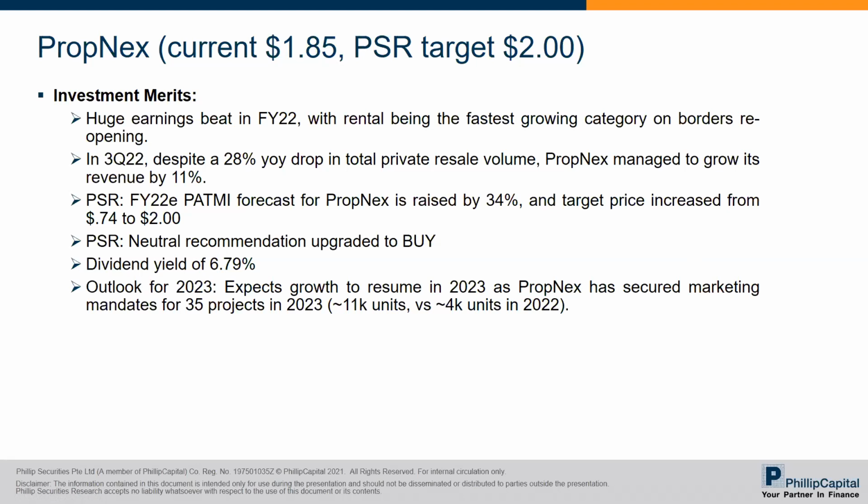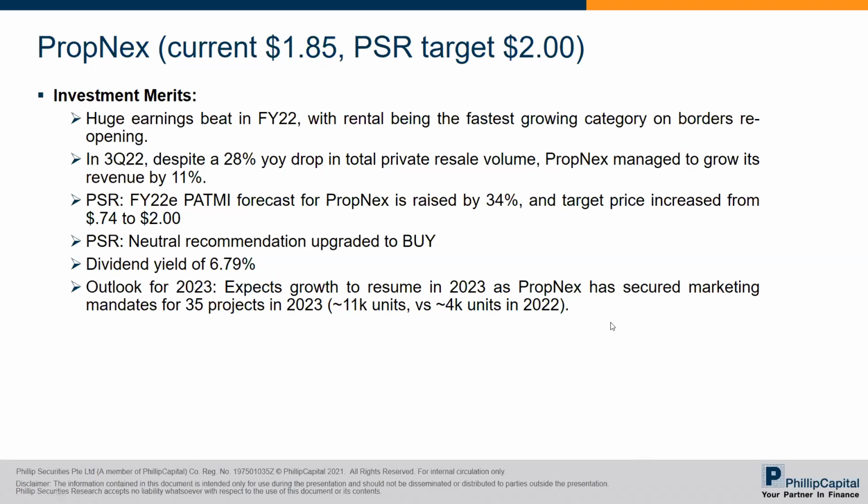So this year they already have 11,000 units of new property launches that they can sell, versus only 4% secured new project units for last year. So this year they have more things to sell, and we feel that there's still growth potential in the stock.